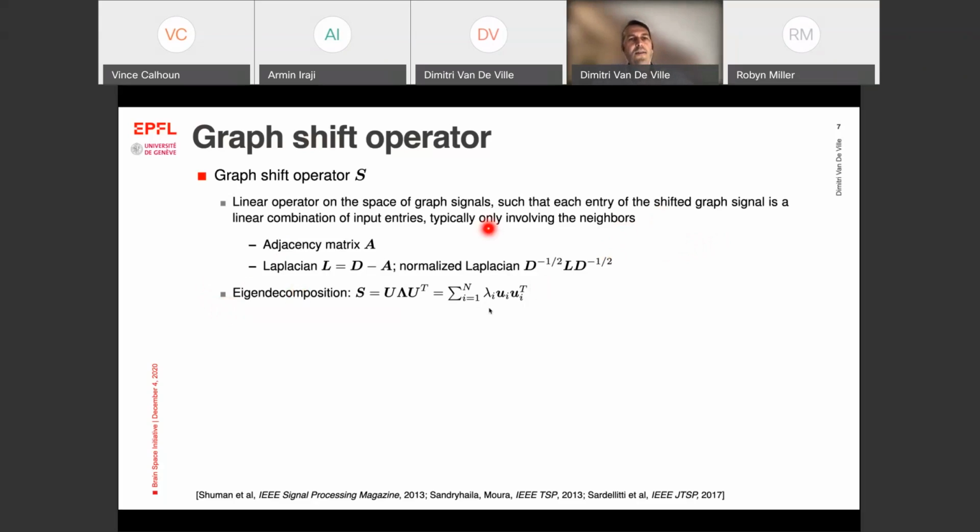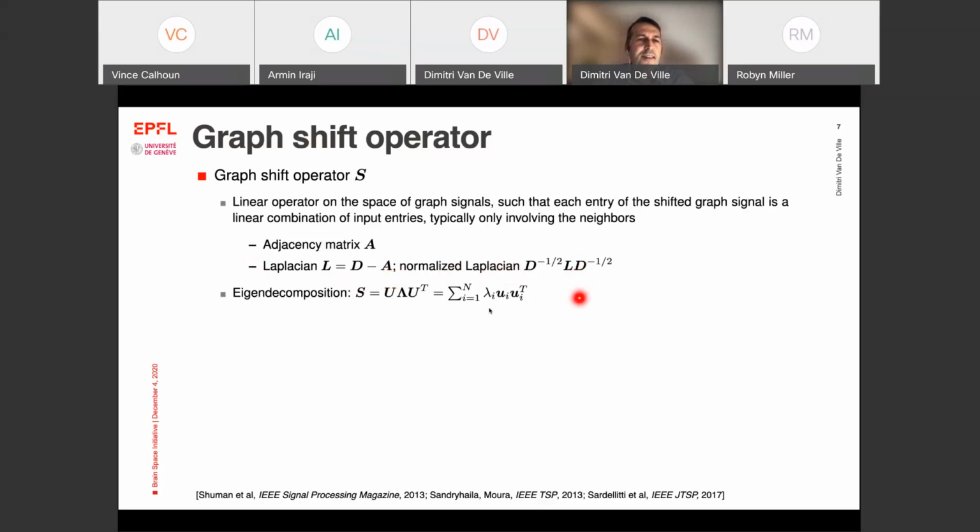So the adjacency matrix itself can be considered as a graph shift operator. But more commonly, people consider the graph Laplacian, which is defined as the degree matrix minus the adjacency matrix, as their choice of the graph shift operator, or in many cases also the normalized version of the Laplacian, which is the symmetrically normalized choice that we will make.